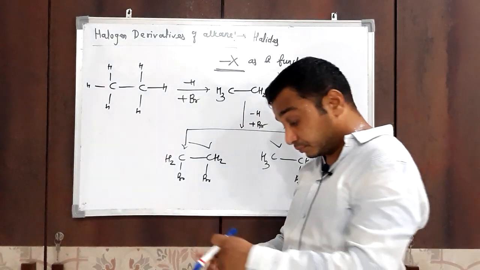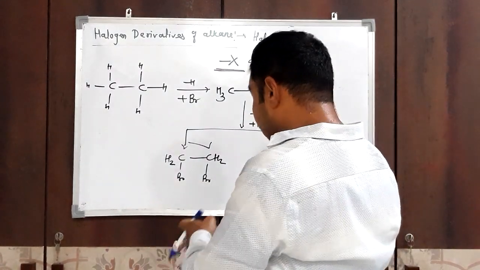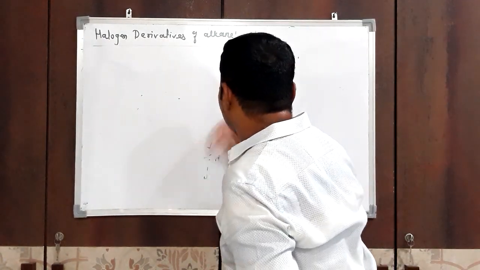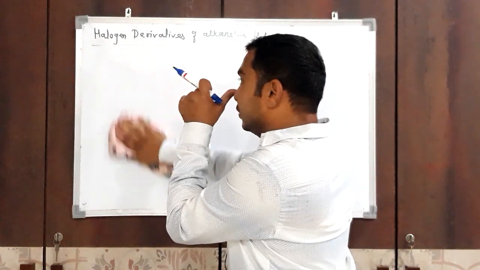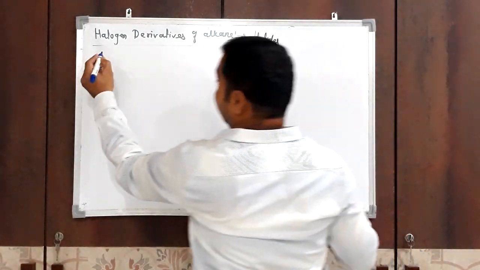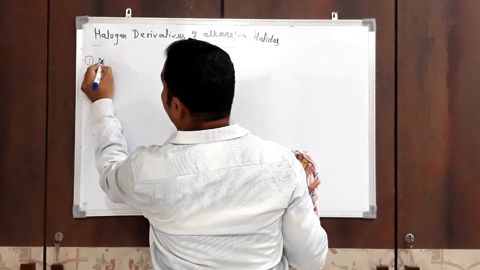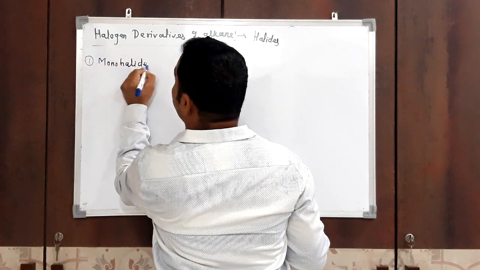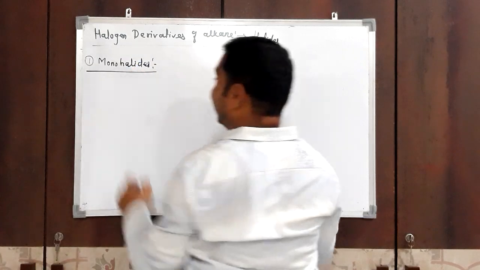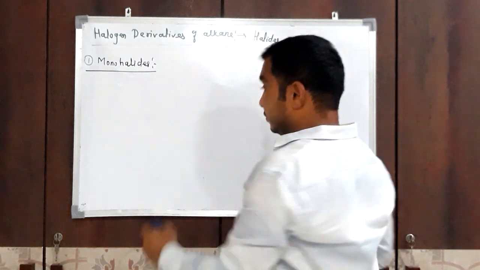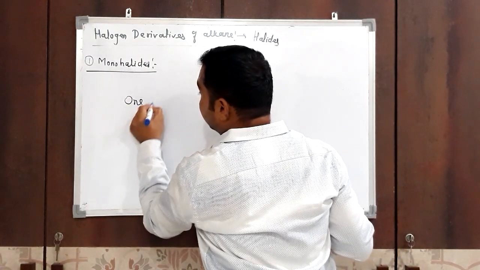Now again, I want to classify these halides. Halogen derivatives of alkane are classified into many categories. First, monohalides. What is the meaning of monohalides? Mono means one halogen atom.